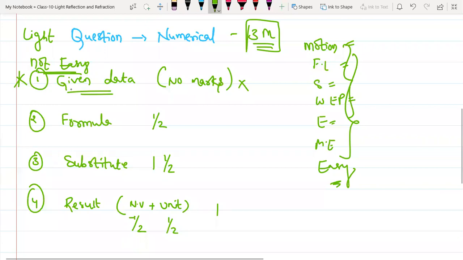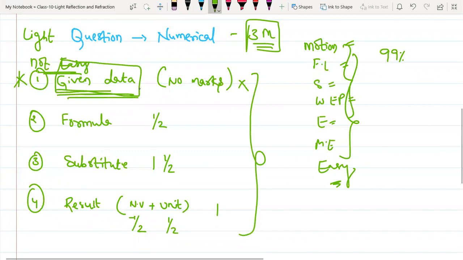Okay, if the given data is wrong, then entire numerical problem will be wrong, and maximum students, 99% students, will be doing wrong in writing this given data only. Okay, they don't even know how to write given data, and of course if you use correct formula also you cannot substitute it and will not get result. So today's concept is about how to write given data while coming to the numerical problems given in light.